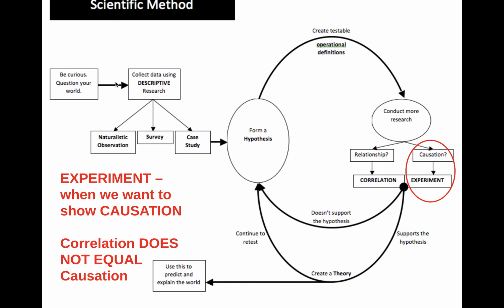If I'm curious about something, I might first go out and just try to get some background information. I might conduct what's called a naturalistic observation, where I'm observing people, but they don't know that I'm observing them, and I'm collecting data. I might send out a survey. I might conduct a case study, which is a study of one person in particular who might have some kind of unique characteristic.